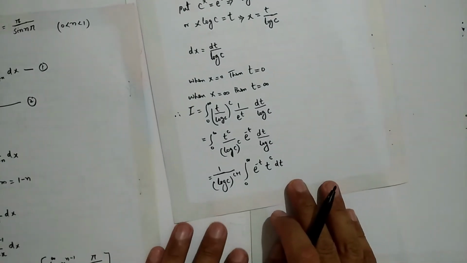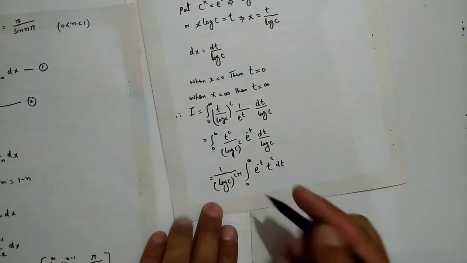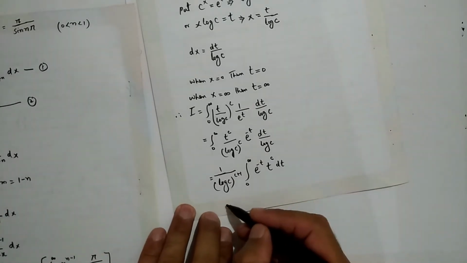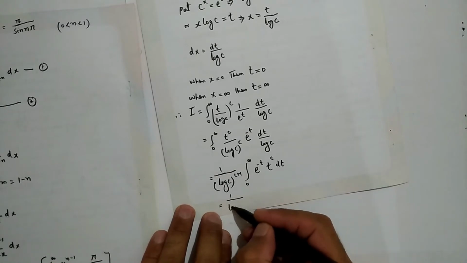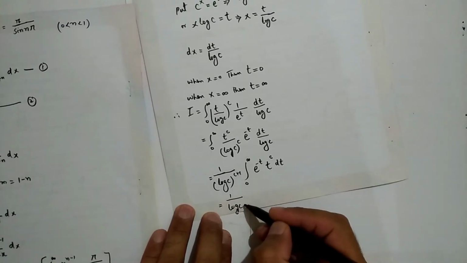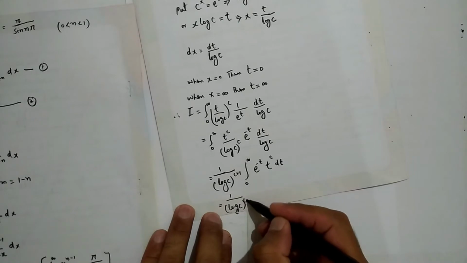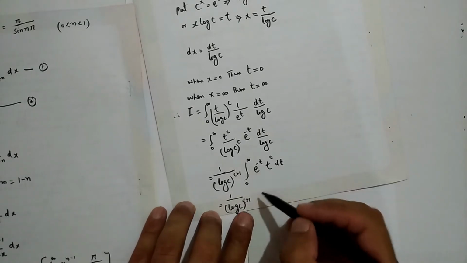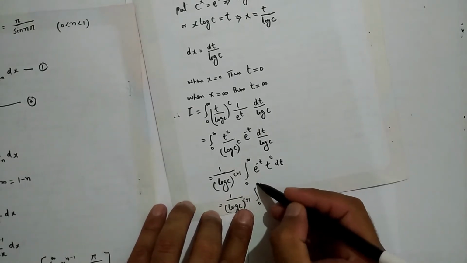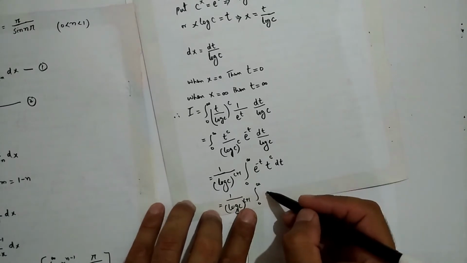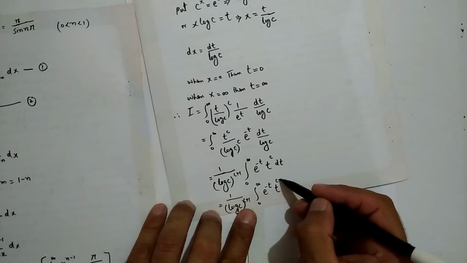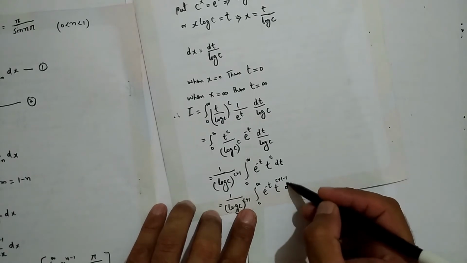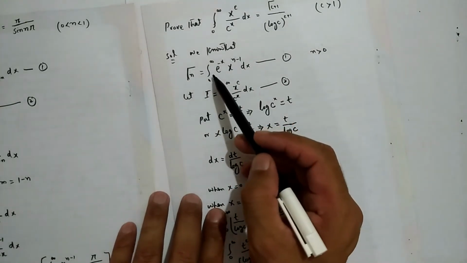Clear? Now we can write it as 1 upon log of c to the power c plus 1, and I can write it as integral from 0 to infinity e to the power minus t, t to the power c plus 1 minus 1, dt. Now look at the definition of the gamma function.